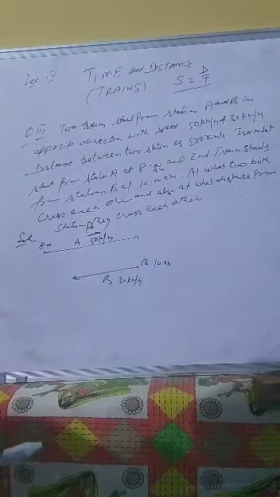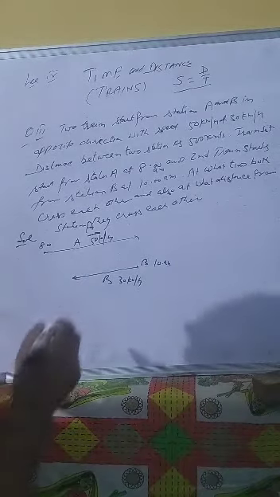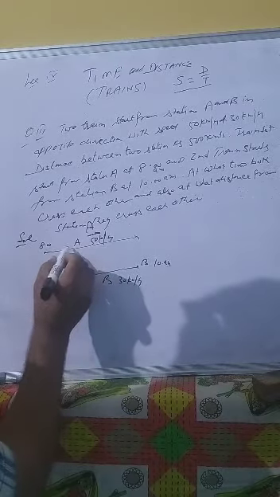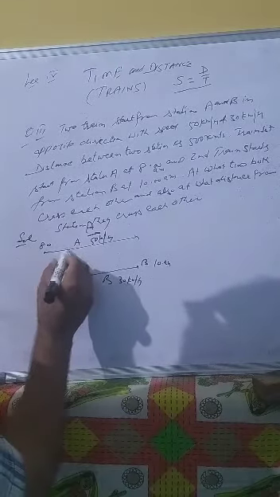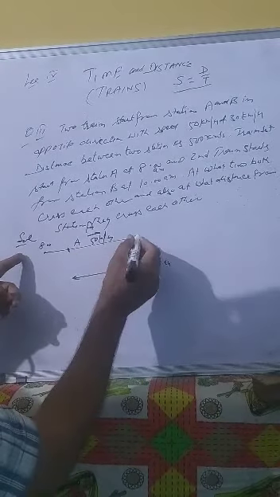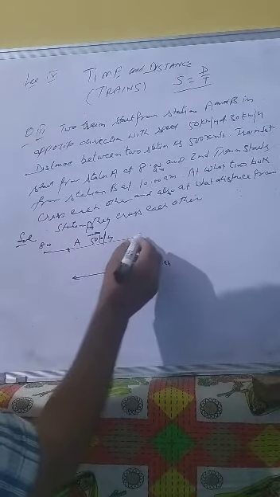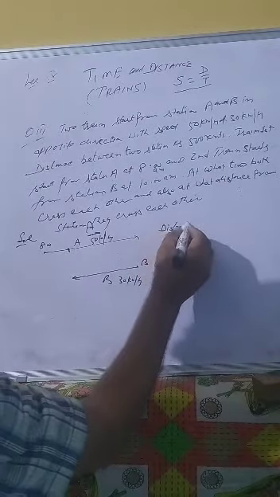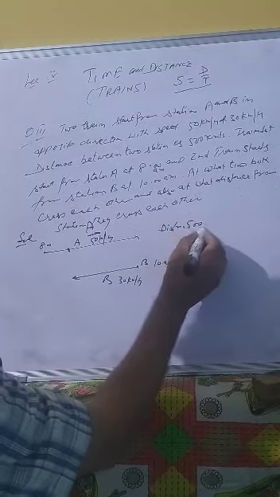At first we have to find that the train A after 2 hours covers a distance up to this. This total distance is 500 kilometers.